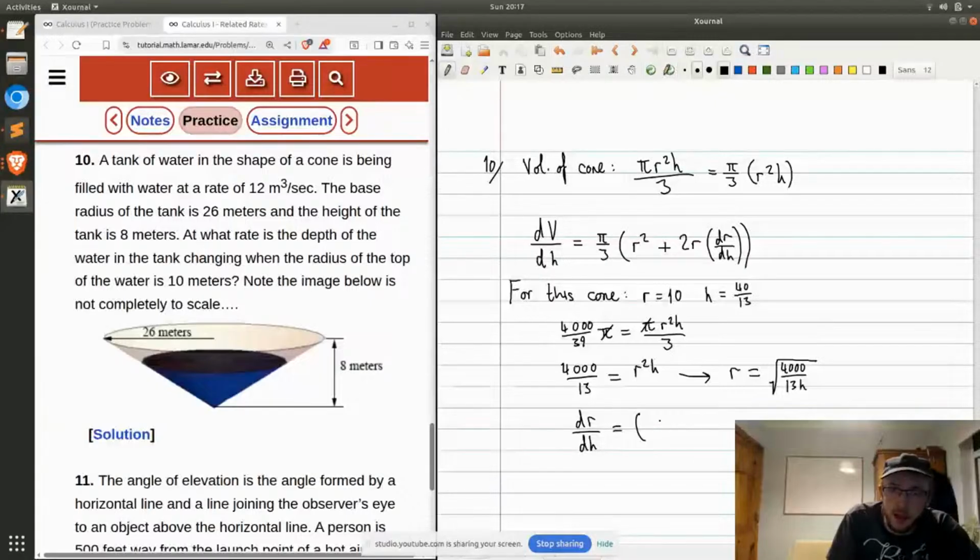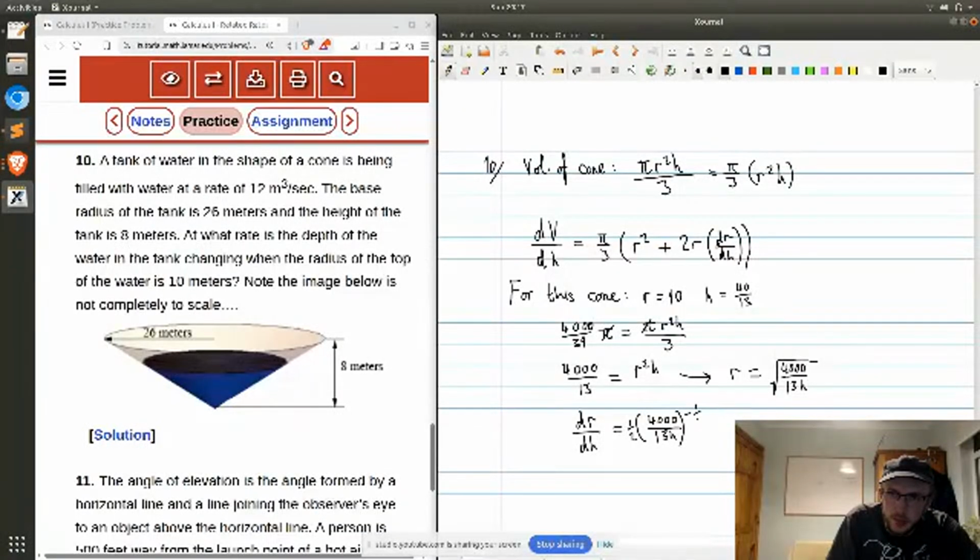But still, I mean, what? It's just such a mess. Half minus half.